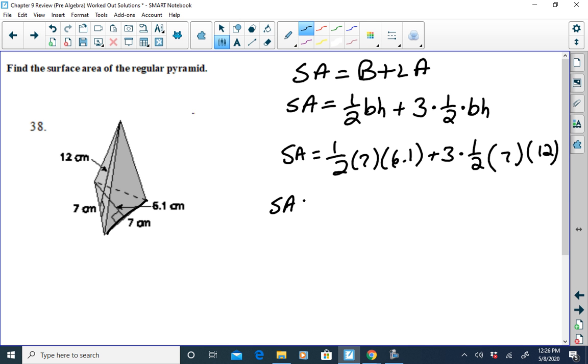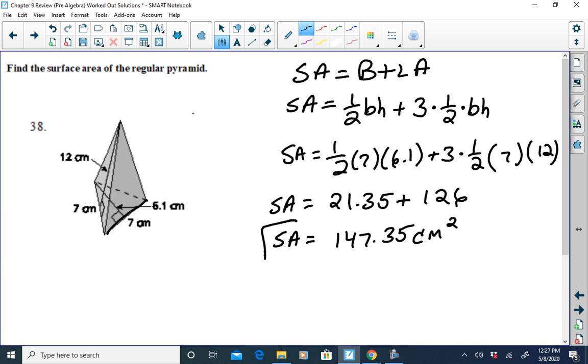All right, and then we want to multiply, so we have the 7 times 6.1 times 1/2, that should be 21.35, plus we have 3 times 1/2 times 7 times 12, that's 126. So we add those two together for our surface area, we get 147.35, and our surface area units are going to be square centimeters.